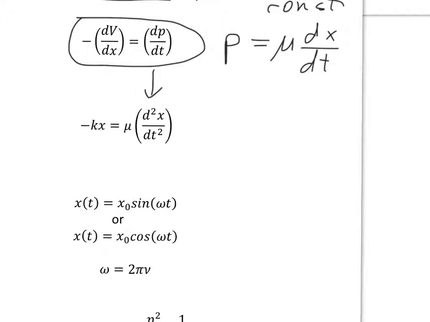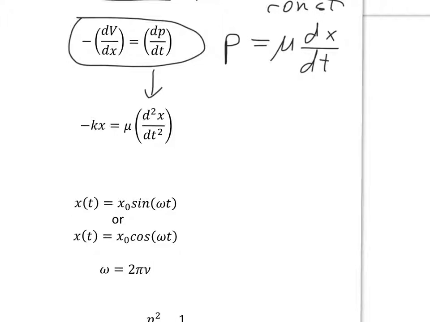I will assert without proving it, but it should be pretty obvious, that the solutions for x are going to be sine and cosine functions. Why is that? Well, notice that if I take the first derivative of a sine function, for example, I get a cosine function, and then if I take the derivative again, I get a minus sine function.